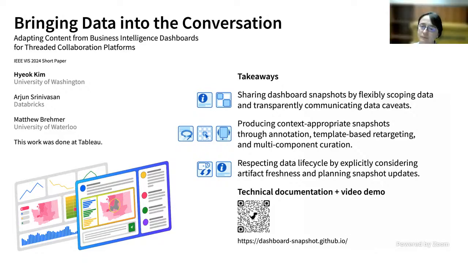Then the dashboard users are not necessarily super great at creating new dashboards or other data artifacts. So it gives an interface that they can easily select what they want to share and then generate a format that is more suitable for conversations happening on more text-based chats.